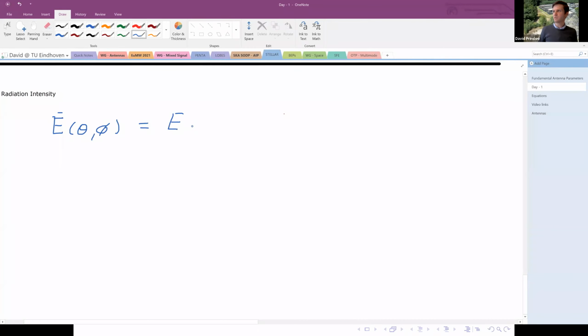So we have E theta in that same direction. I used E theta earlier, but I may swap between E and A theta. Both of these are unit vectors in the theta direction. I sometimes swap between the two. And we also have a phi component.